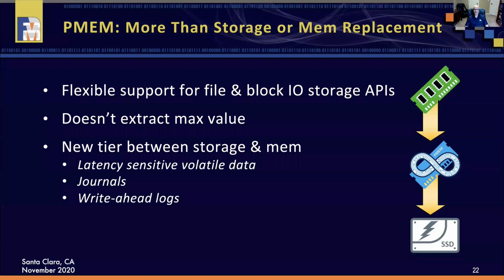You need to think of this as a new tier between storage and memory for latency-sensitive data that is volatile and that you don't want to be volatile, like journals, write-ahead logs, redo logs. These are all key things in databases that you can think through and take huge advantage of with PMEM.